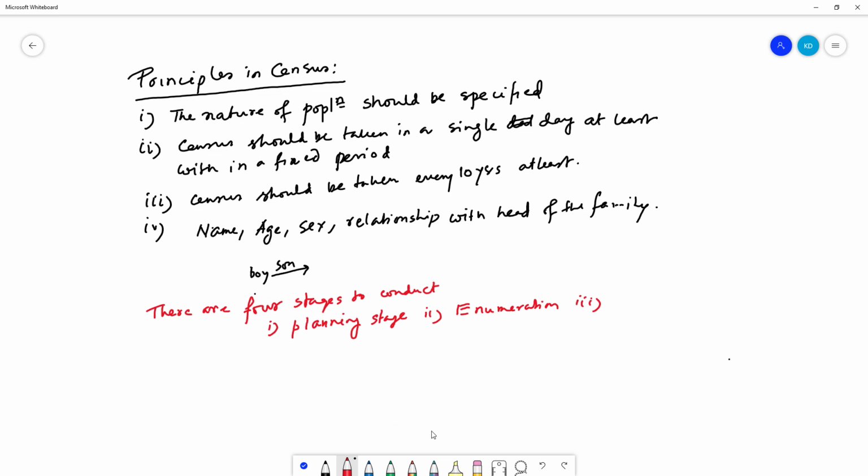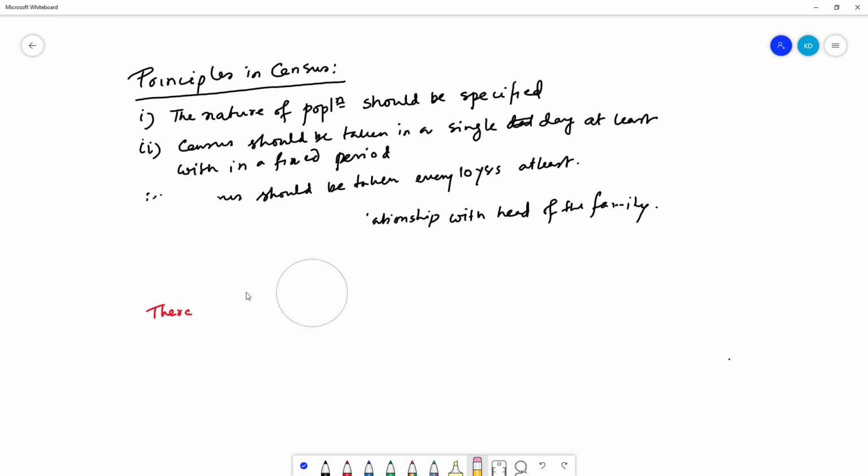Now, next point is different errors in census data.